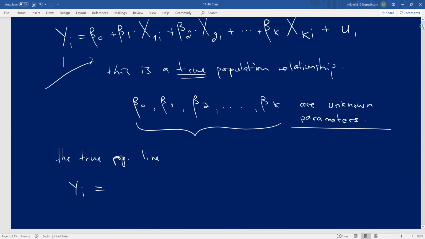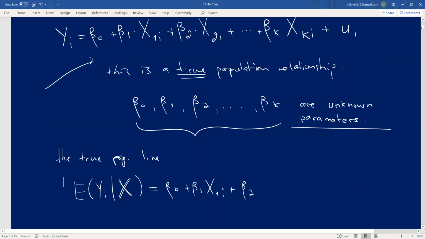Yi equals, sorry, that's incorrect because I should have written the expectation of yi given all of your x's, and I will stack all of those x's in this bold x, equals beta 0 plus beta 1 times x1 plus and so on.